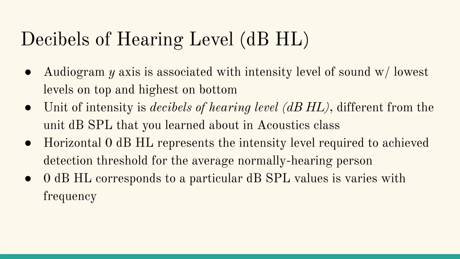So 0 dBHL corresponds to a certain dB SPL level, but that dB SPL level is going to vary depending on the exact frequency that we're talking about. So it's like the threshold of audibility scale in dB SPL is normalized to create a flat line for normal hearing on the dBHL scale.